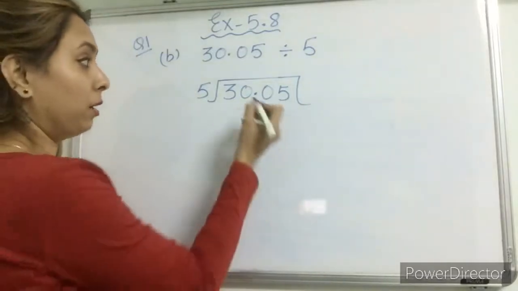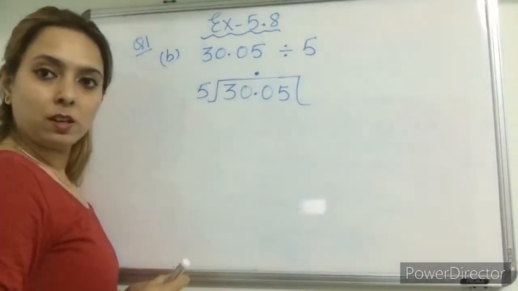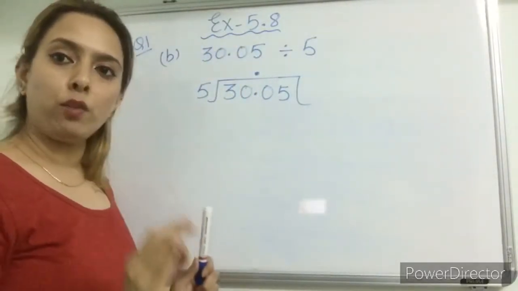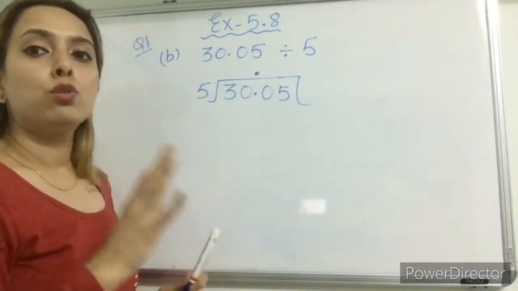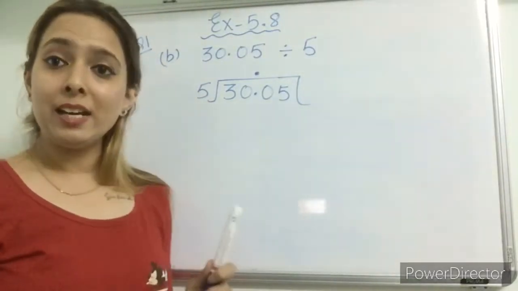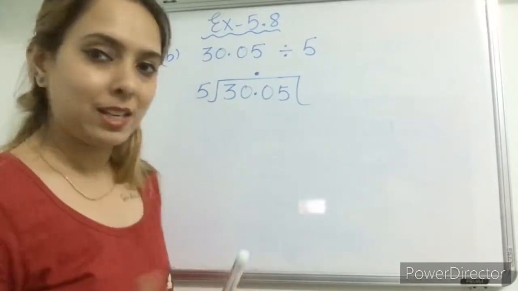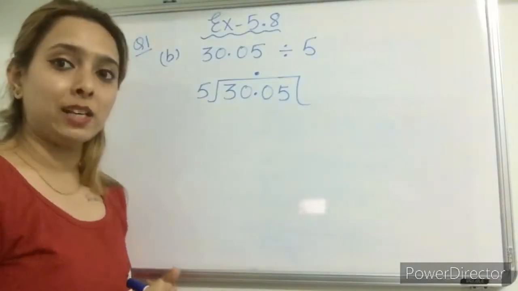First thing, put the decimal just above it. Do not change the place of the decimal. Here you should know that 30 is divisible by 5. 5 6s are 30.